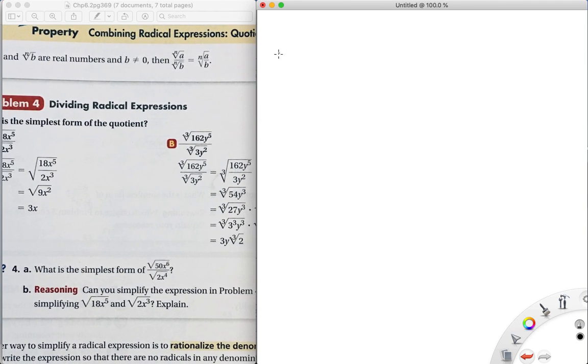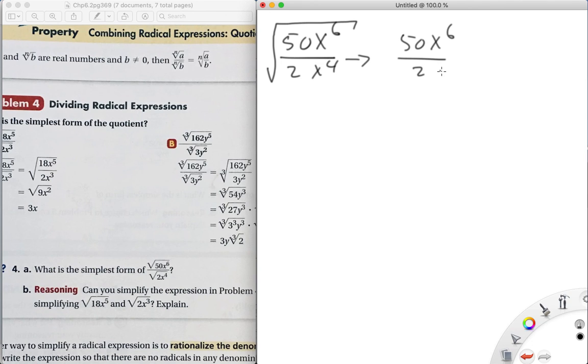So what is this guy in its simplest form? 50 x to the 6 over 2x to the 4, square rooted. So I can do 50 x to the 6 over 2x to the 4, square root. 50 divided by 2 is 25.